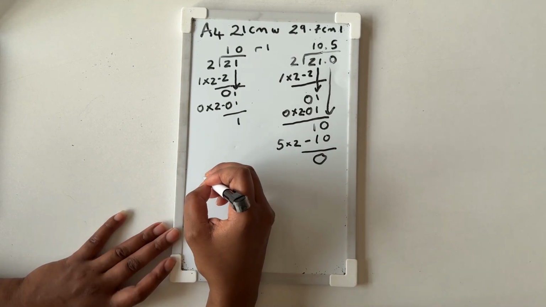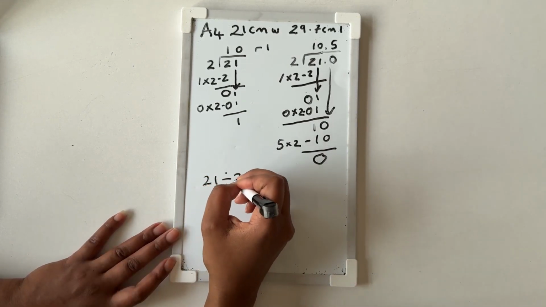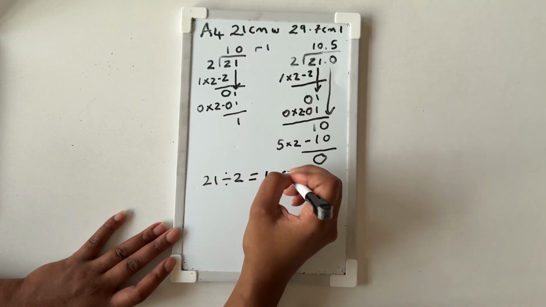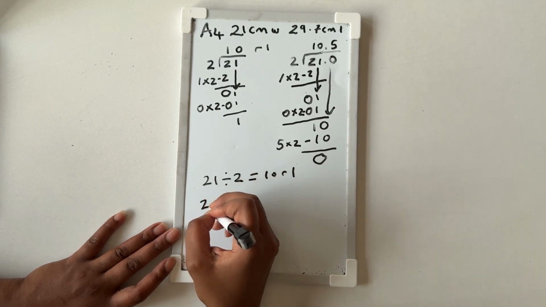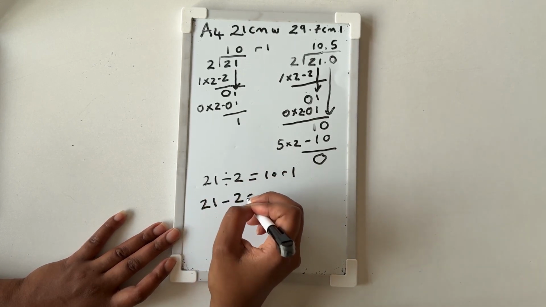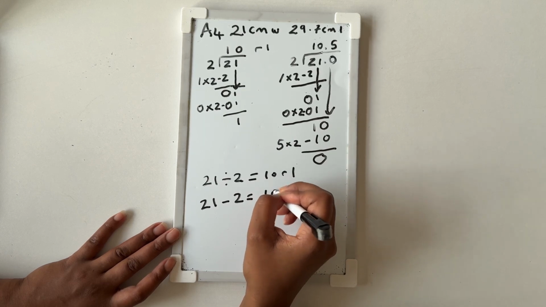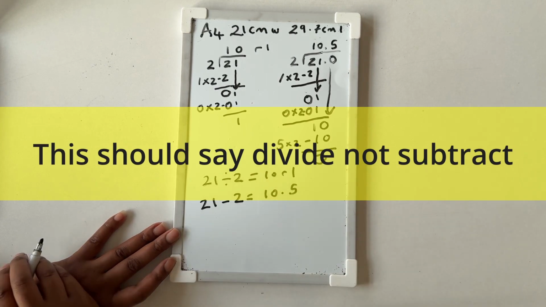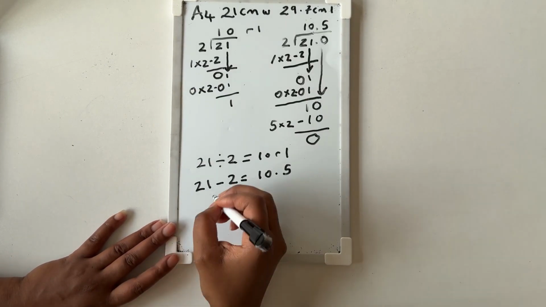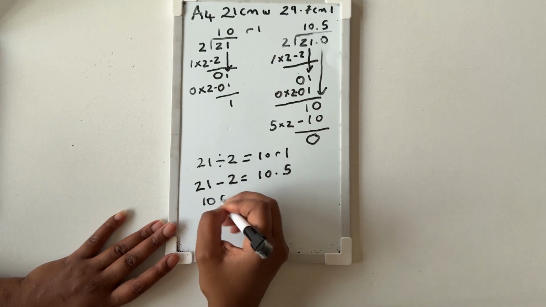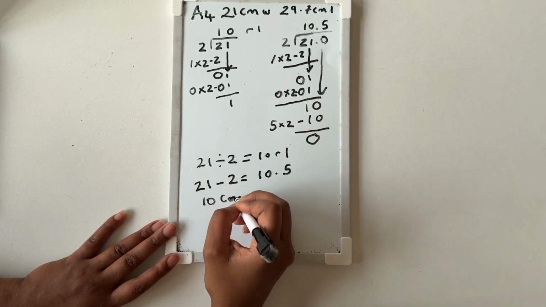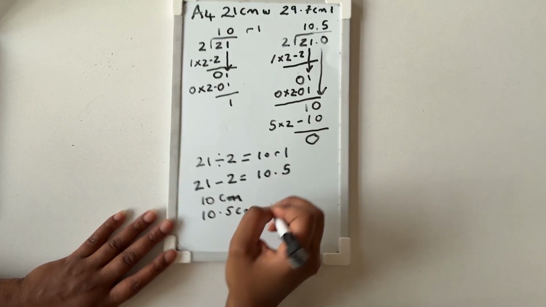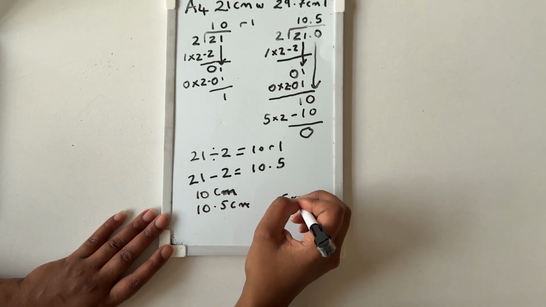So 21 divided by 2 equals 10 with a remainder of 1, or 21 divided by 2 equals 10.5, which means that if we're doing our 2 columns, we can have 10 centimeters or 10.5 centimeters, and that 0.5 are going to be millimeters.